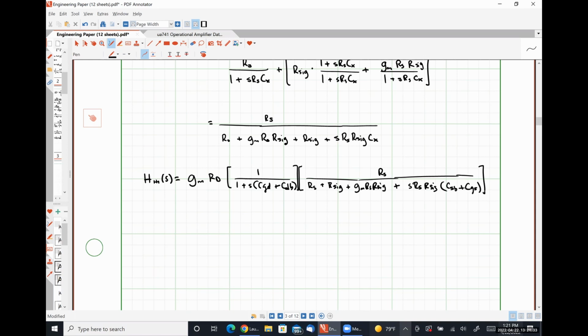And so it's now in the form that I can tell what the poles are, ostensibly, okay?